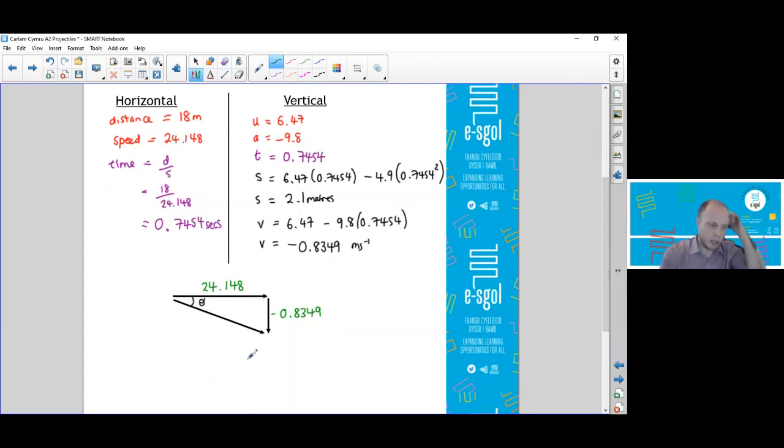Pythagoras for the hypotenuse, you get 24.2 meters per second, not that much bigger than the horizontal because the vertical component is tiny. And if you work the angle out, you get 2 degrees. So in other words, only just on its way back down. This is soon after its highest point, so coming back down at an angle of 2 degrees.